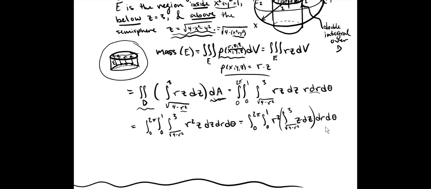And notice all of this stuff inside the theta integration is independent of theta. So I could pull that theta integral out to the back. But I really have integral from 0 to 1, r squared, integral from the root up to 3, z dz.